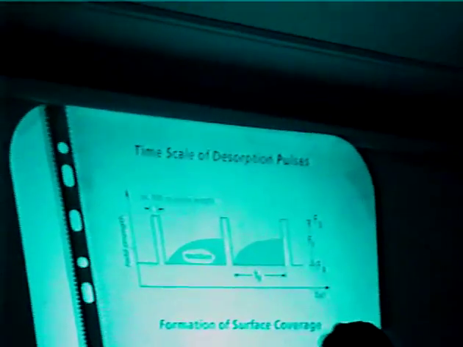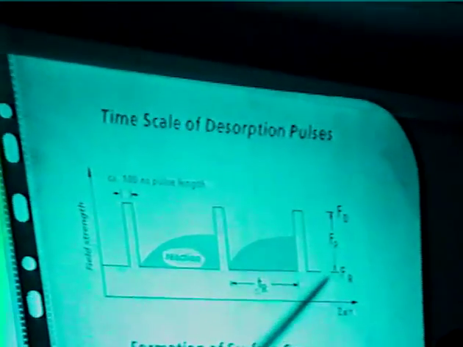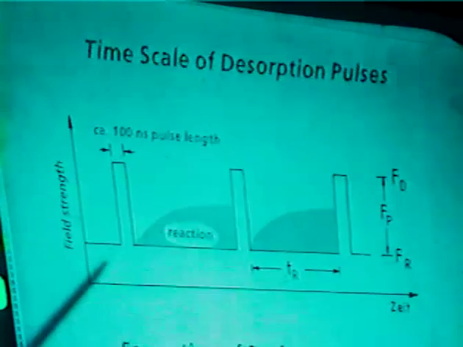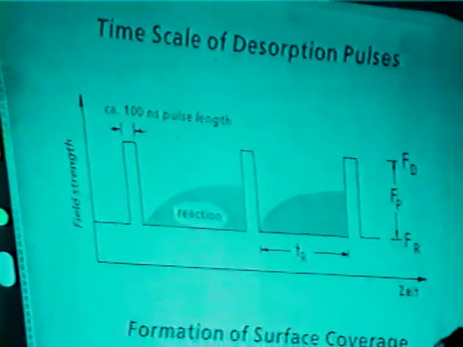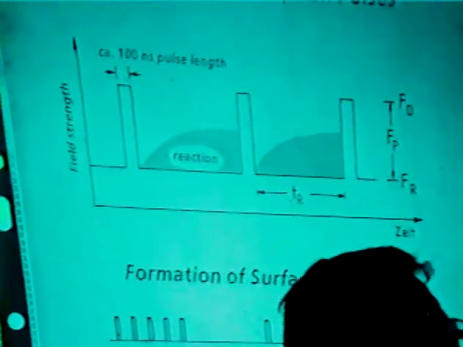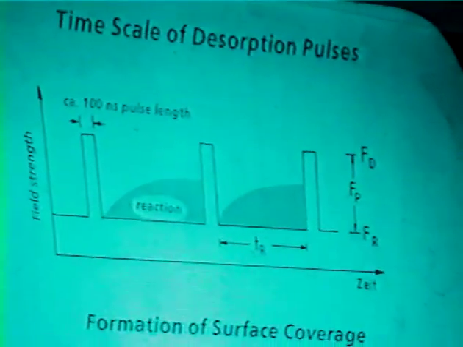What we are doing here is just changing our reaction fields. So we continuously change the base field of the field pulse experiment, so we can choose different field strengths to have the reaction of the NO molecule with the surface.